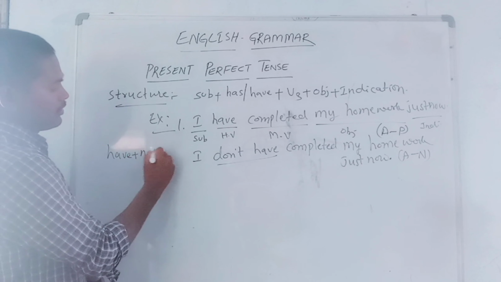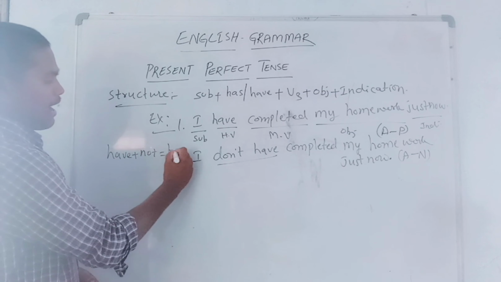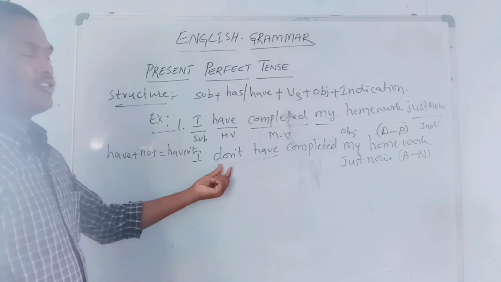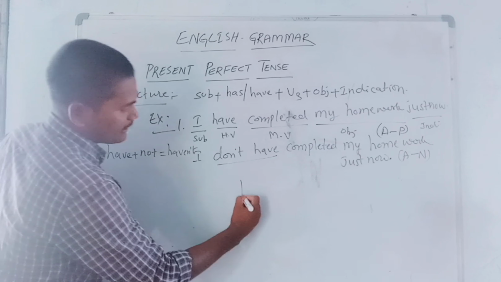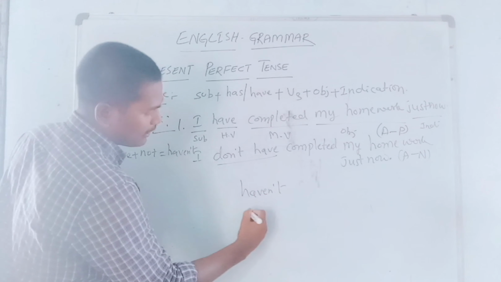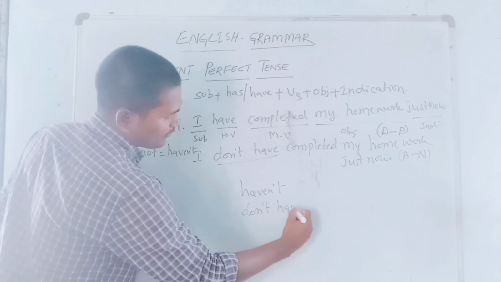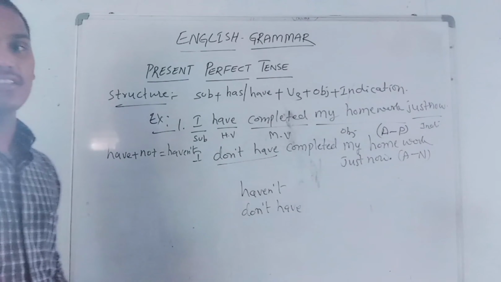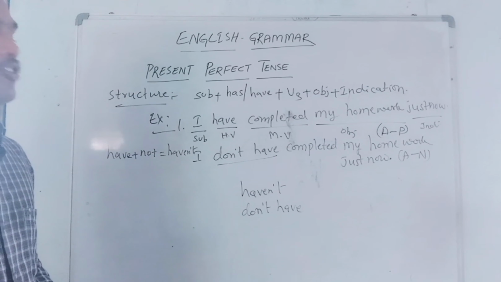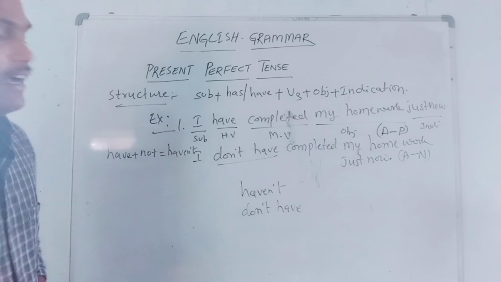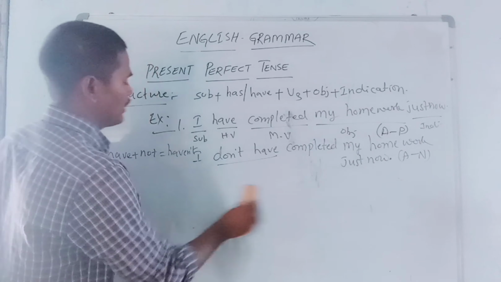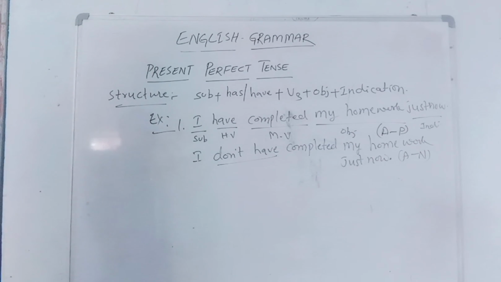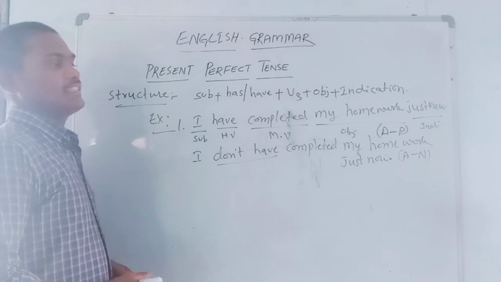Have plus not, and if we shorten this word, haven't. So we can write this also, otherwise we can write don't also. So we can write haven't or don't have. We can choose any one of these to write a negative expression in present perfect tense. There is no more confusion and no more mistake at all. So haven't or don't have is what we use to write a present perfect tense negative expression.